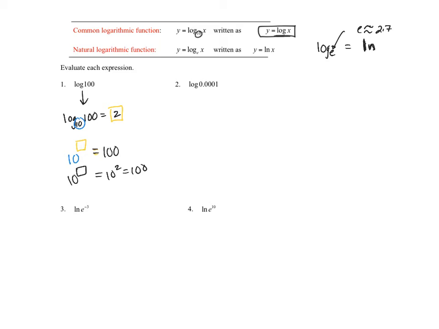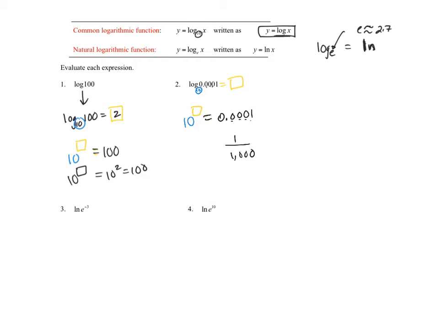Okay, let's look at this one. So log of 0.0001 is equal to something. The base here, even though it's not written, is 10. So 10 to what power is equal to 0.0001? Let's see, that is 1, 2, 3, 4 decimal places.